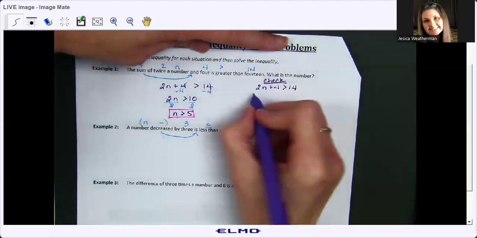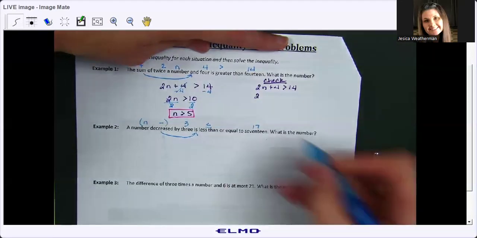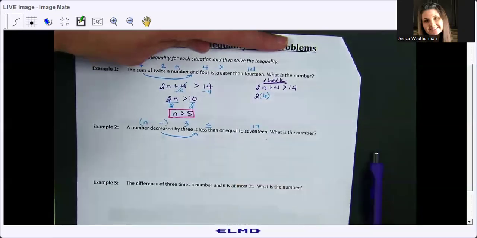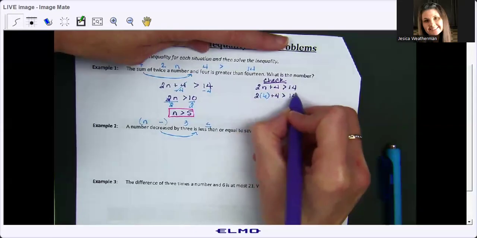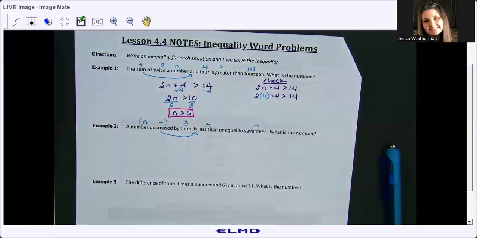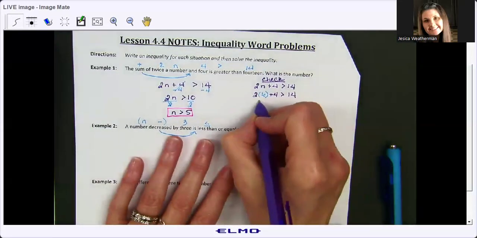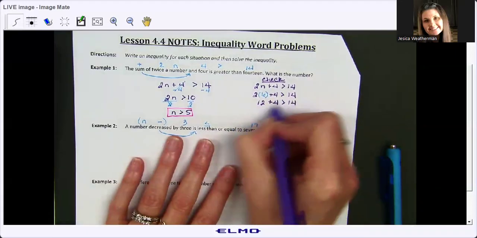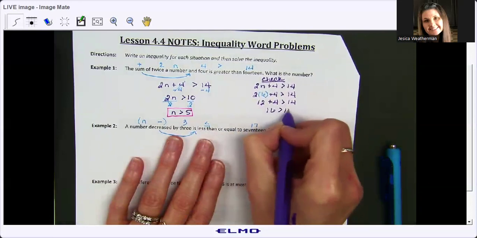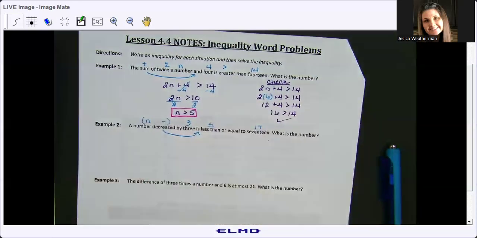And I'm going to plug 6 into here because that is greater than 5. And I'm going to see if my inequality is true. I know by just looking at this, you can all tell that it's true. So I have 12 plus 4 is greater than 14. 16 is greater than 14. So this checks out. A number that is greater than 5 will make this inequality true. Okay. So this is just an example of how to check it.